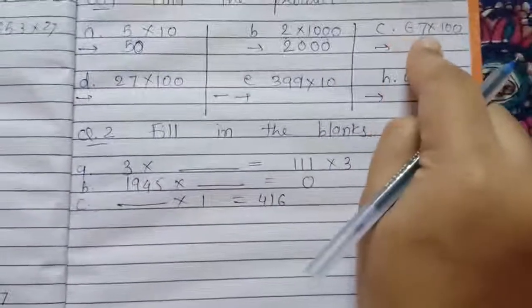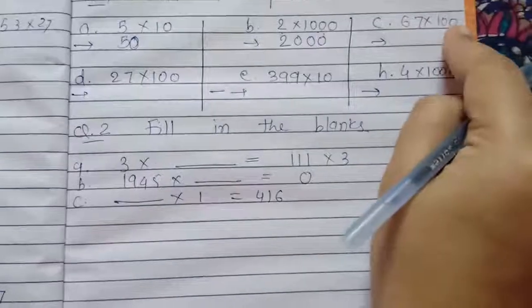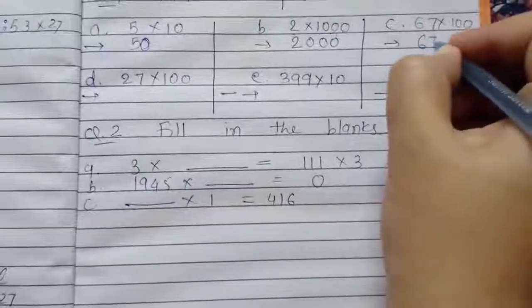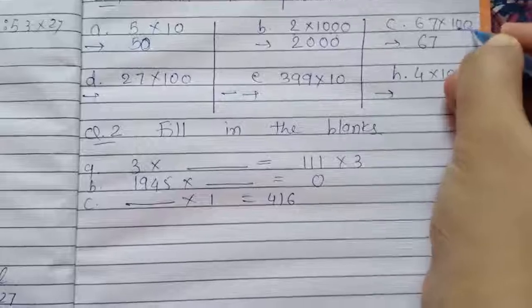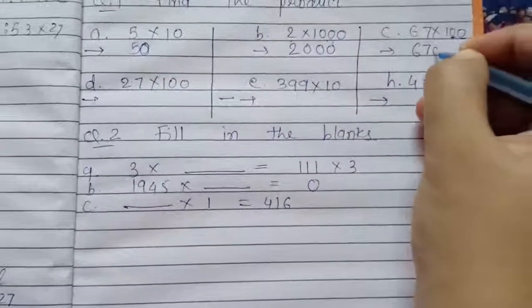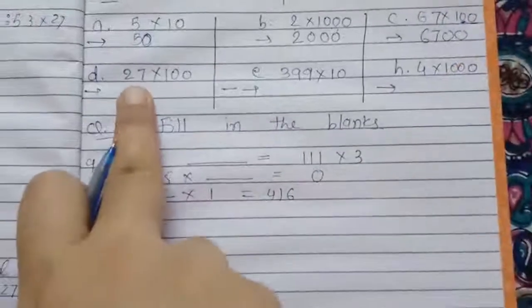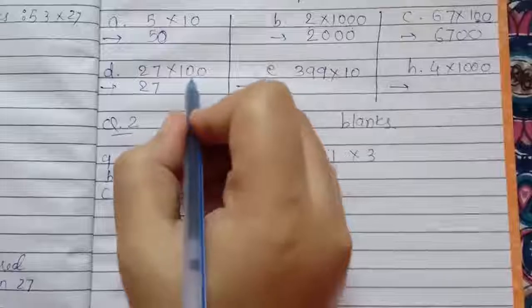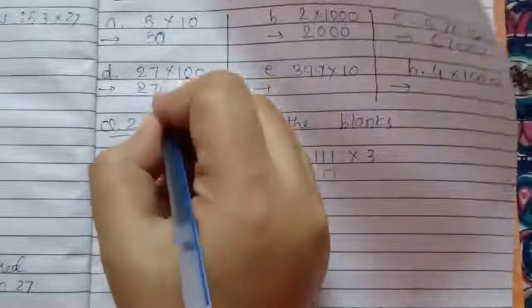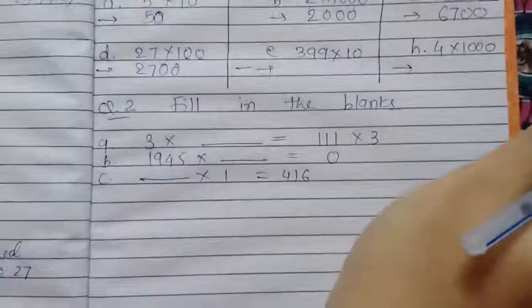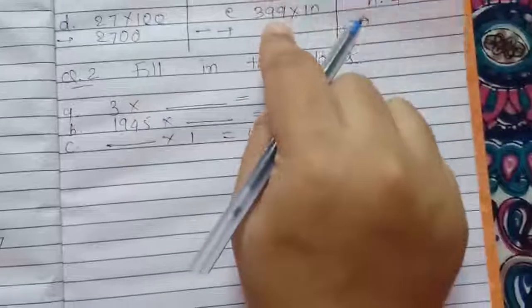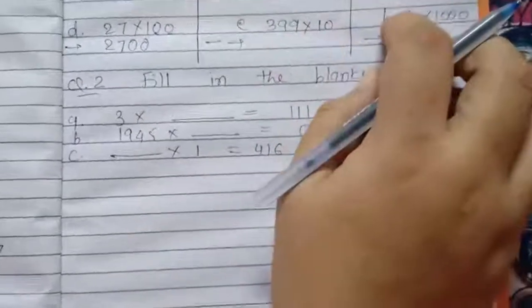C, 67 multiplied by 100. So put 67 as it is. How many zeros are there? 1, 2. So put 1, 2. That's it. Like that, here is 27 multiplied by 100. So 27, and 2 zeros are there, so I am adding 2 zeros. It's 2700. Now 399 multiplied by 10.